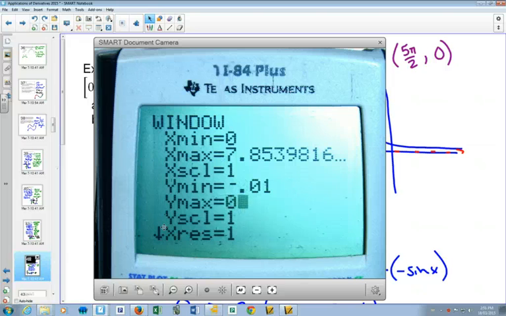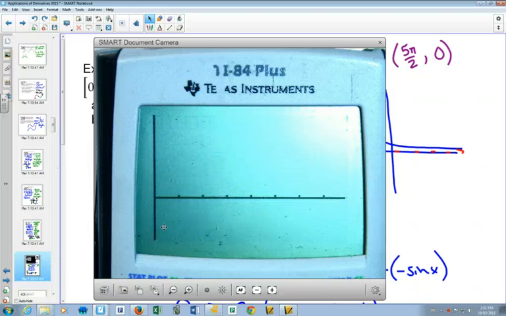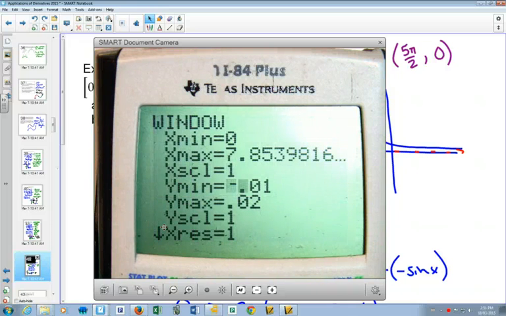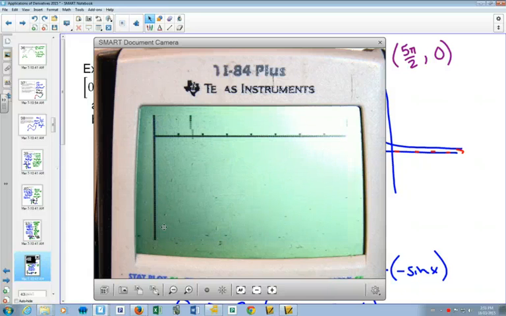To 0.02. We can see a little bit more of a difference in the graph. Comes down, goes through our x-intercept, hits the maximum, and then it starts going back down again.